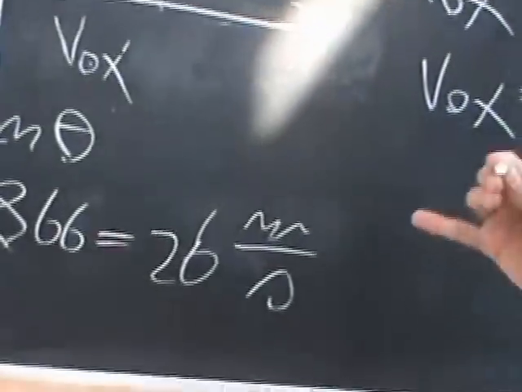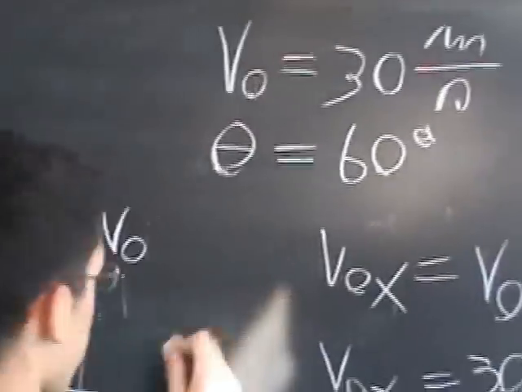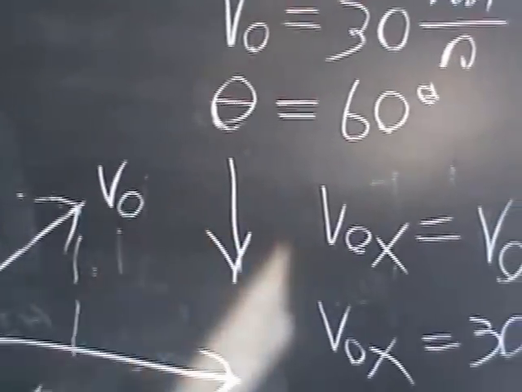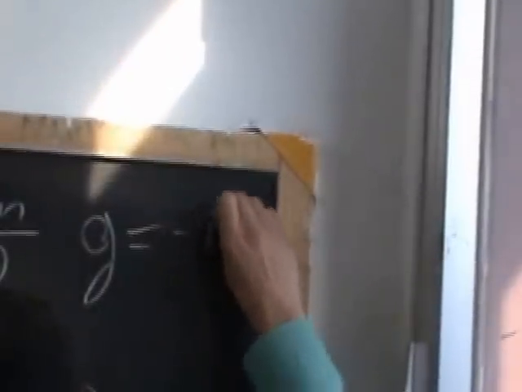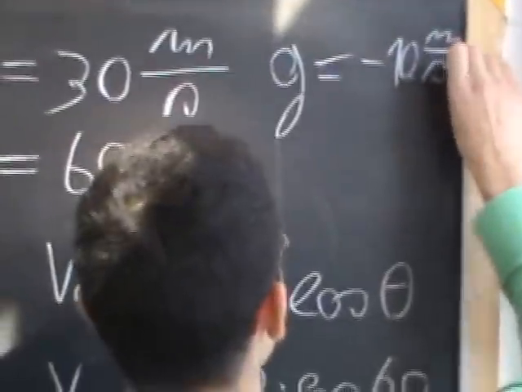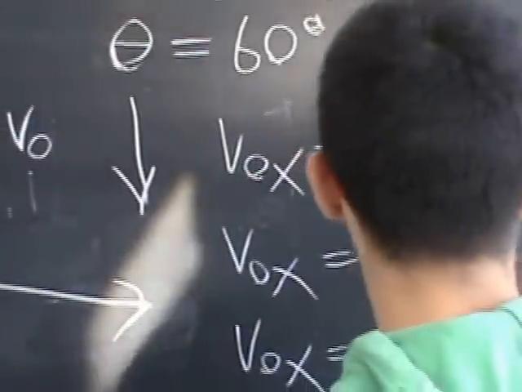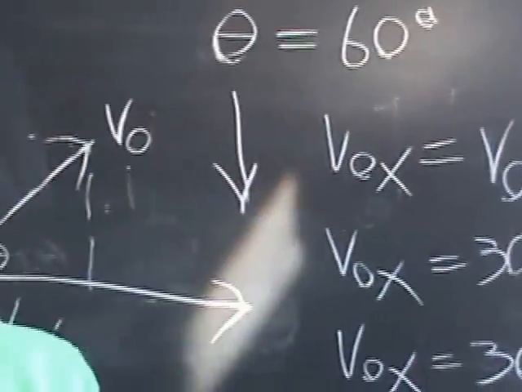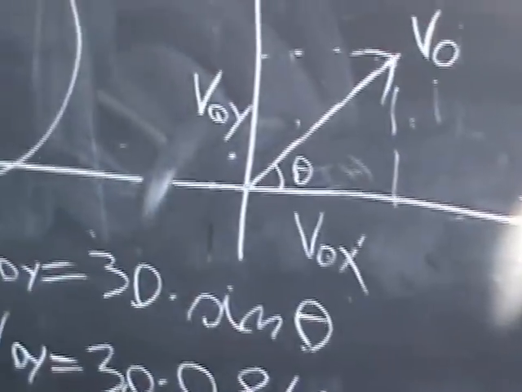We are going to assume also that the g that is acting downward is minus 10 meters per second squared. We are not considering the air resistance. So we now found the two components of the initial velocity.